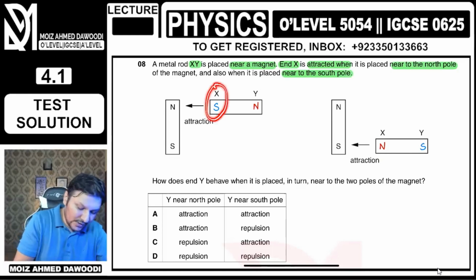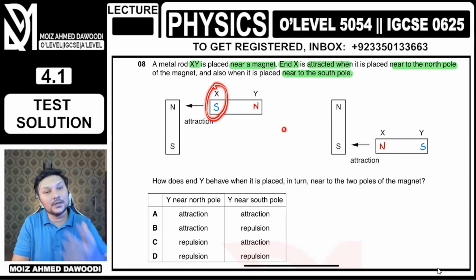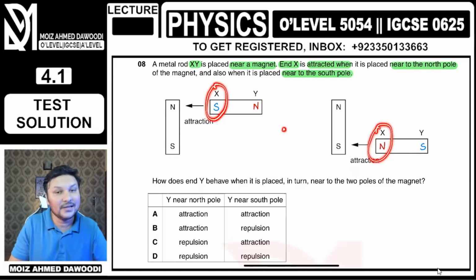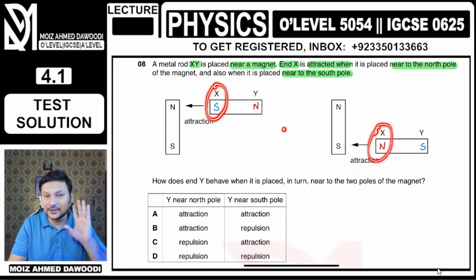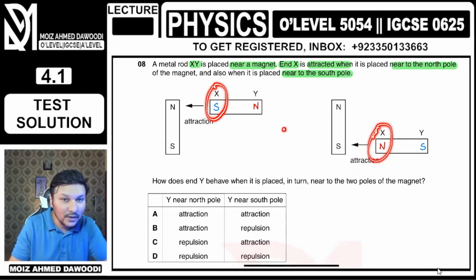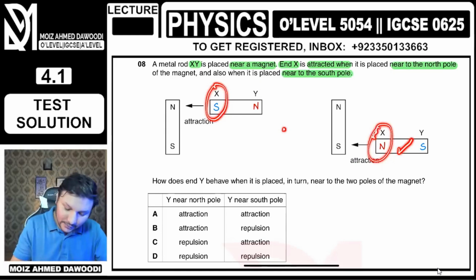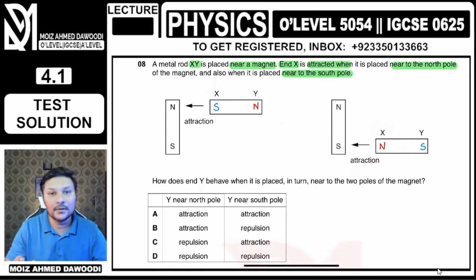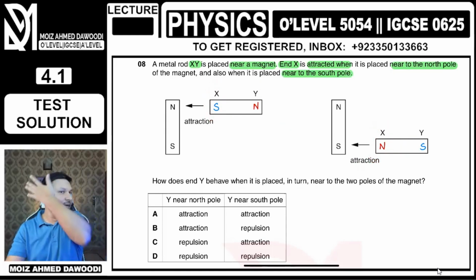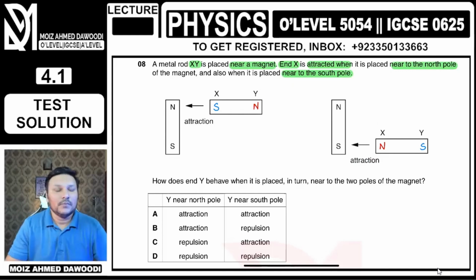So you can see end X is sometimes behaving as a South Pole and sometimes as a North Pole. Here only one thing comes to mind: which material is there whose polarity is not fixed? Iron. So that rod XY should be made up of iron, because it becomes a magnet according to the permanent magnet.